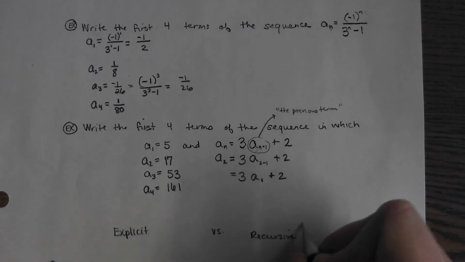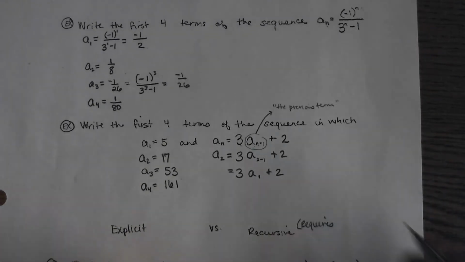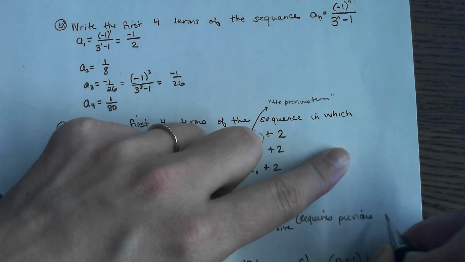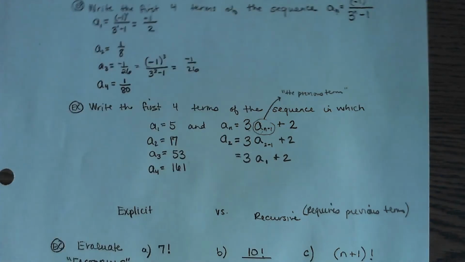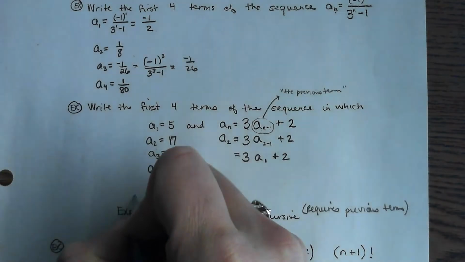So recursive requires previous terms. And it might not necessarily be the term before. It might be 2 terms before or something like that. So requires previous term. And explicit allows you to jump right to whatever number you want.